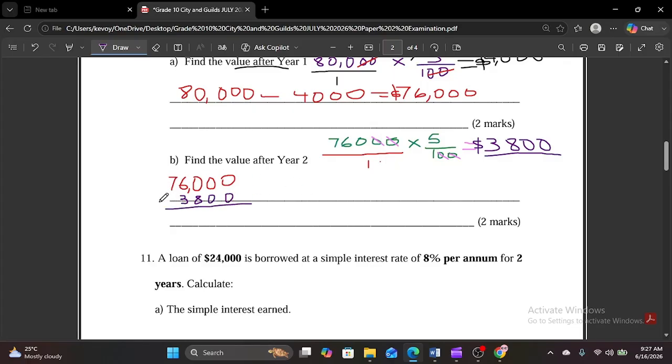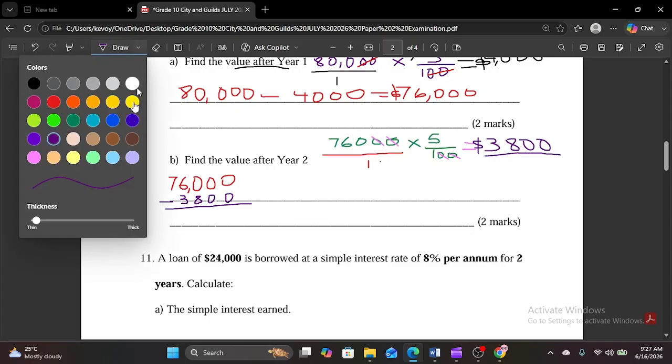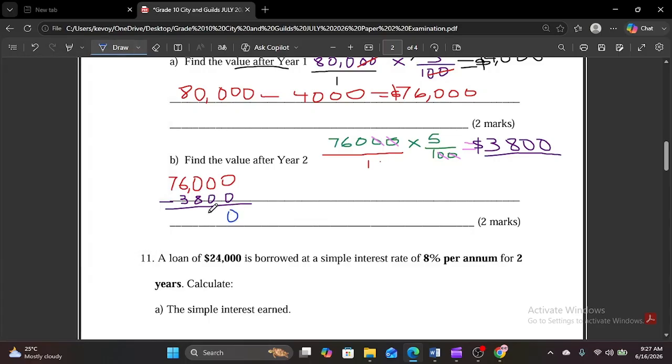So if we subtract that, we are going to get our final answer. 0 minus 0 is 0, 0 minus 0 is 0, 0 minus 8 you can't, so you take 1, carry that 1, that's going to be 10 now. We take 1 from 6, you'll be left with 5. So 8 from 10, that's going to be 2, and 3 from 5, that's going to be 2, and you just bring down your 7 right there.